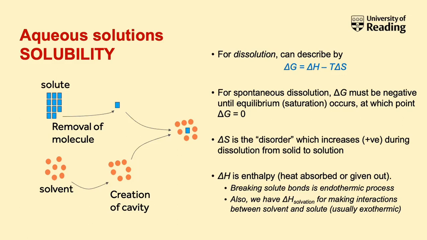Solubility of a chemically related series are inversely related to their melting points, because the removal of solute molecules from solid reflects the strength of interaction between the solute molecules within the solid. So how easily, from an energetic point of view, that solid can melt. From a structural point of view, you may know already the impact different functional groups have on solubility in water.